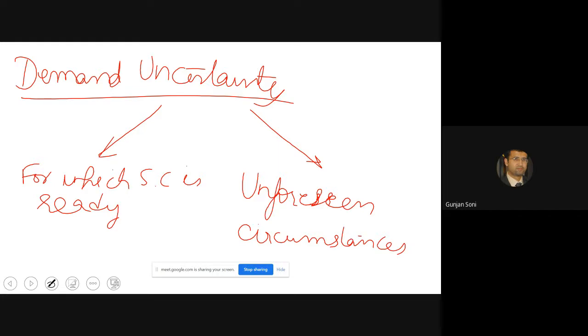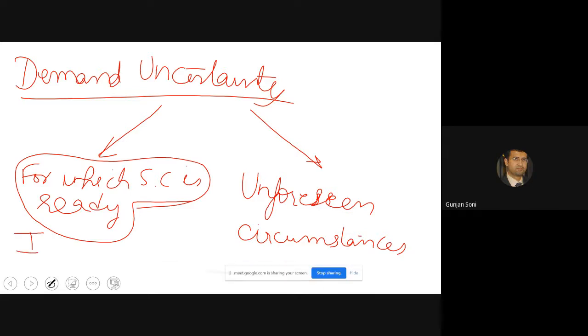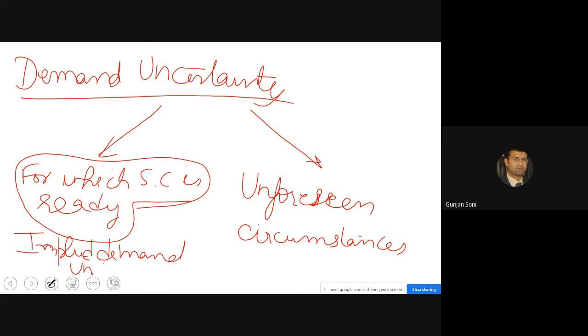So there are two types of uncertainties. The one for which the supply chain is ready, we call implied demand uncertainty. Implied demand uncertainty is the type of uncertainty for which the supply chain is ready.